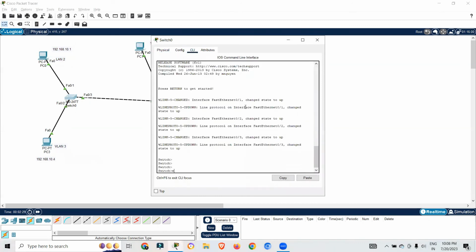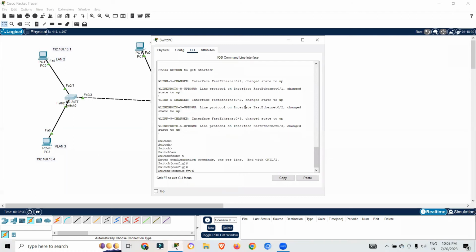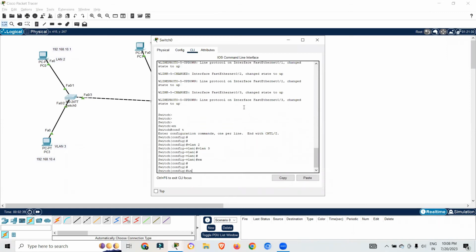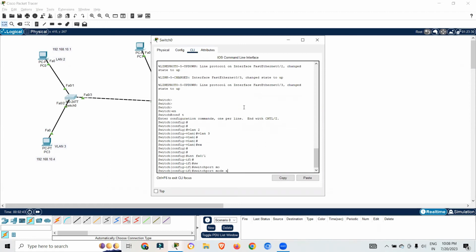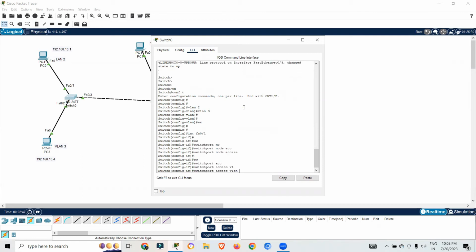Enable, configure terminal, VLAN 2, VLAN 3. Exit, interface FA0/1, switchport mode access, switchport access VLAN, how much? 2.